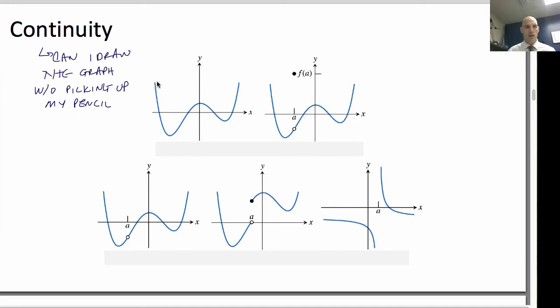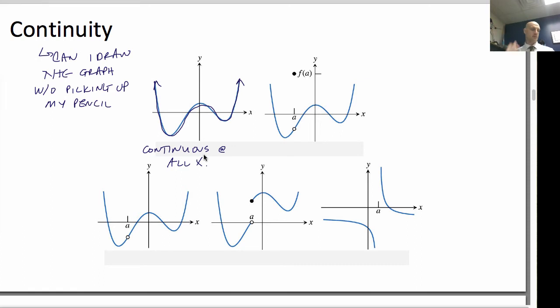If I was going to go and draw this, I'd go graphing noises. Well, if it came from up here, we go. This is where graphing noises are important. And so what we'd say about this one is this is continuous at all x, because I can draw the whole graph without picking up my pencil.